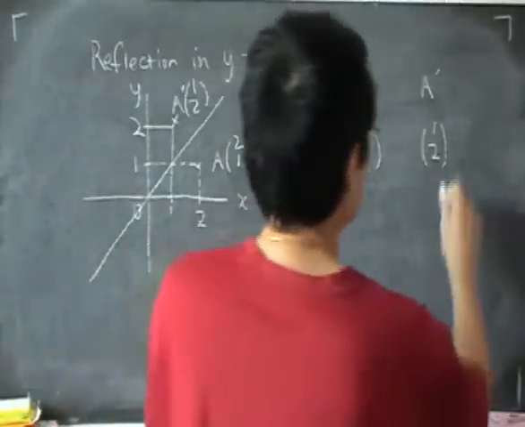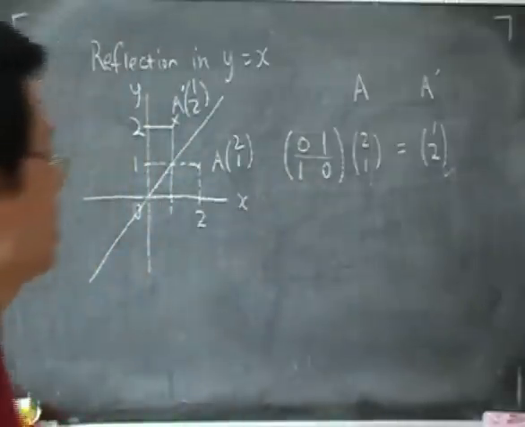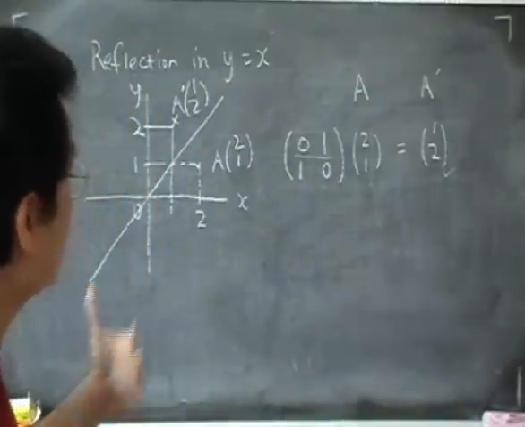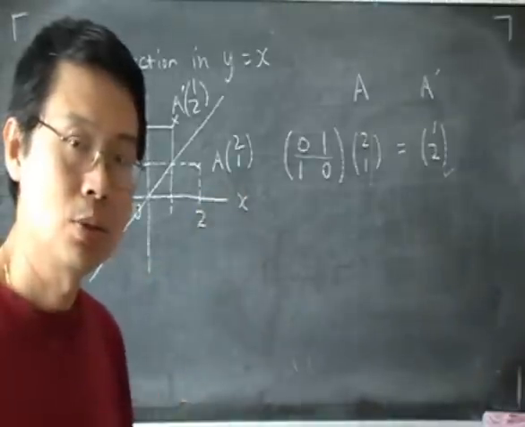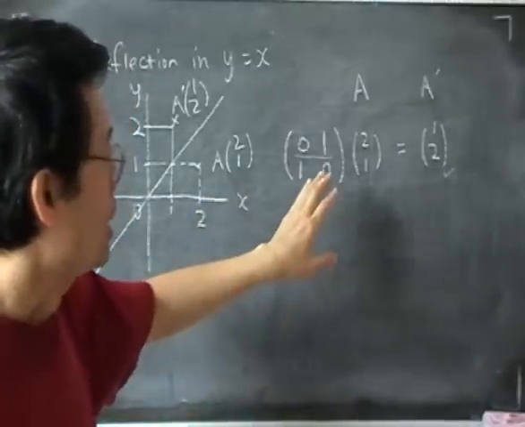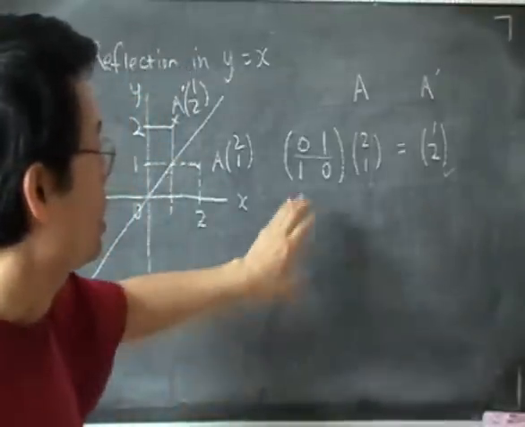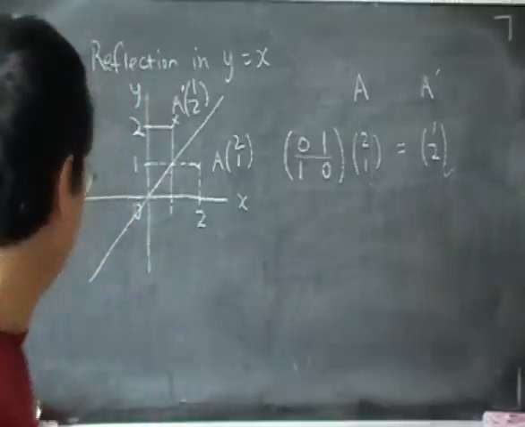So this is correct. They're equal. Okay, this matrix multiplies to give you the right answer. And the idea is that if I have any other point with any other coordinates, I can get the image position by multiplying it with the same matrix.